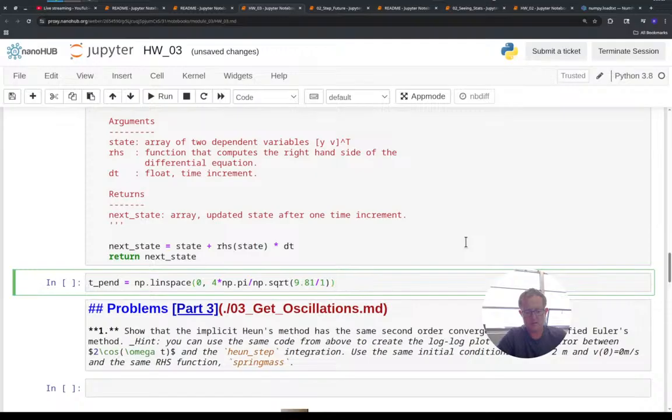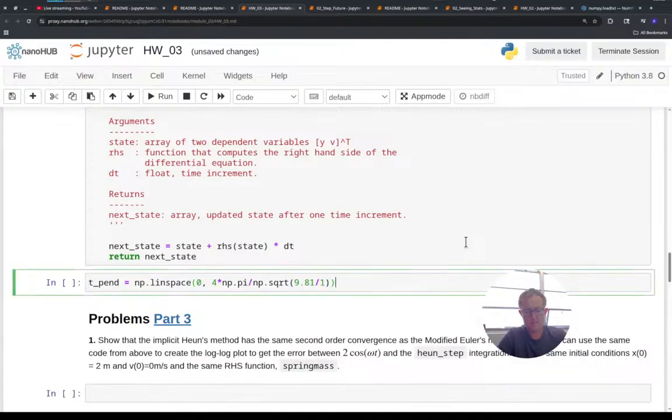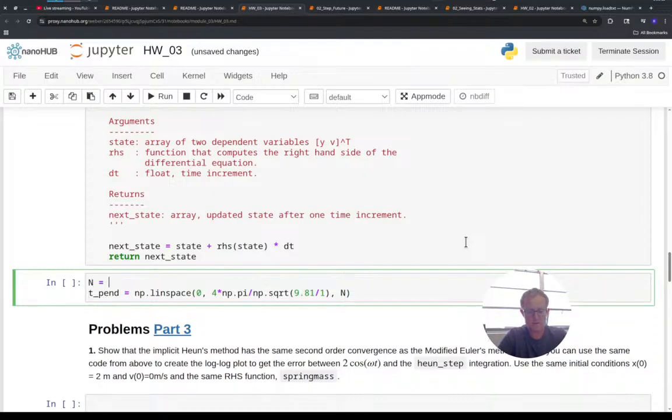That gives us 2 oscillations. And let's give it n steps, where n is, we'll say 100, or let's do 101.